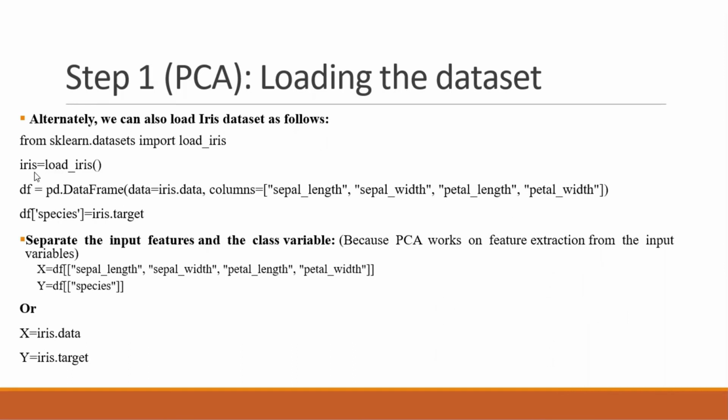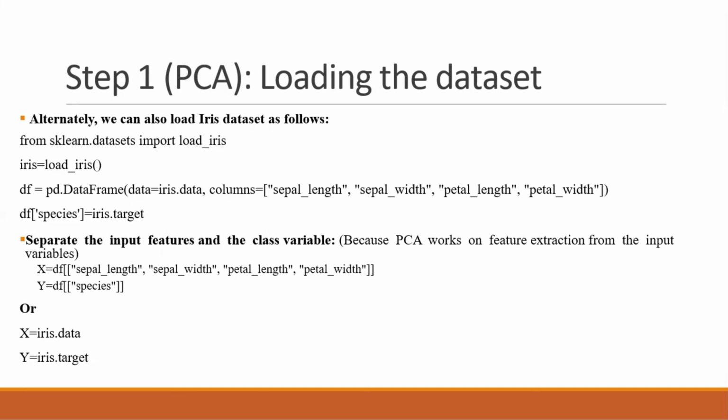Once you put the load_iris dataset into this iris object, you can now make your own data frame, and that data frame can be made by using this command pd.DataFrame, and data and columns have to be given. So for generating your data frame, you have to give the data and columns. If you do not give the column names, the basic column names will be given, maybe 0, 1, 2, 3, something like that.